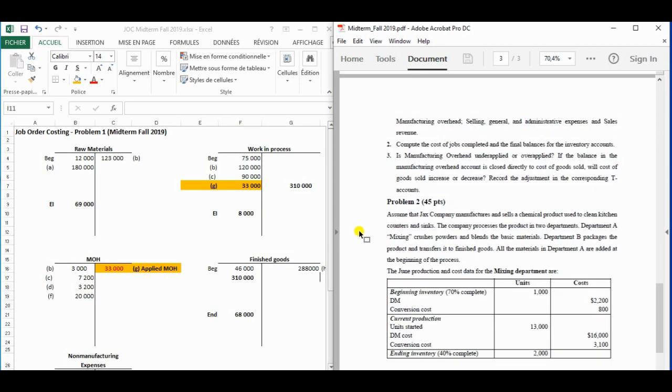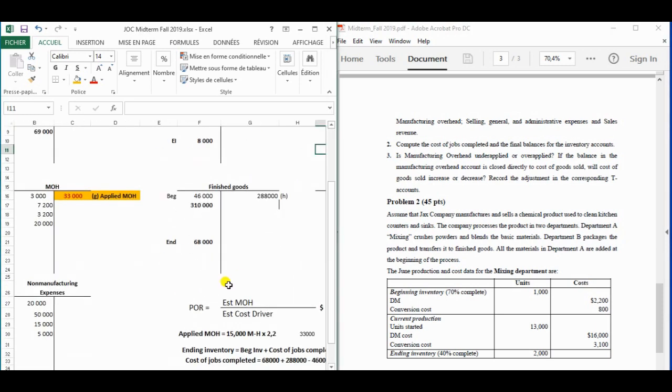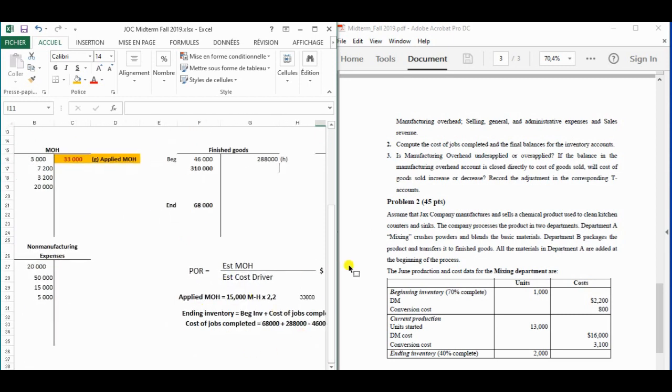So the second question of this problem is about computing the cost of jobs completed and the final balance of the inventory accounts. So we already calculated the cost of jobs completed.